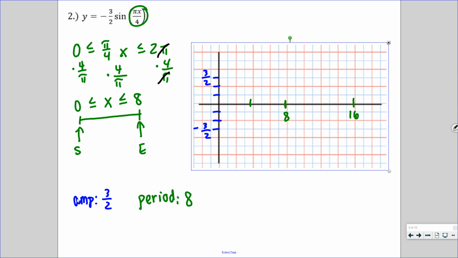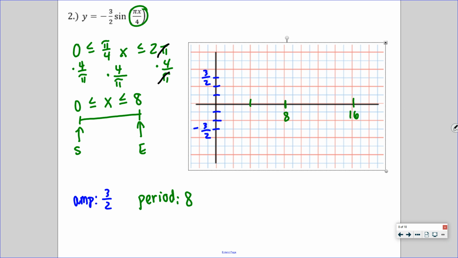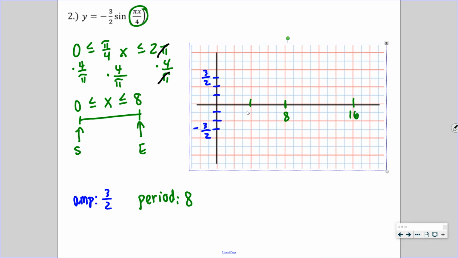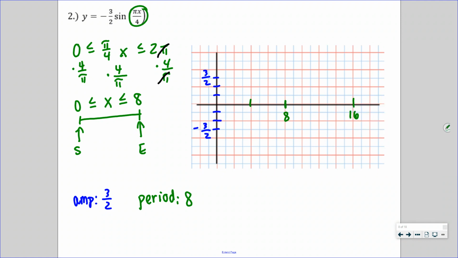So this one just ended up counting up by 1s. And like I said, you don't need to label every single one for me, but that spacing makes sense. Again, you can't call this 10 and then call this over here 12. It has to make sense.